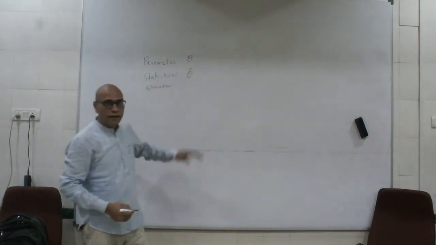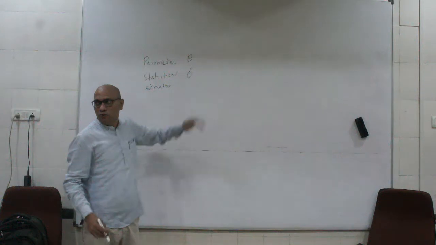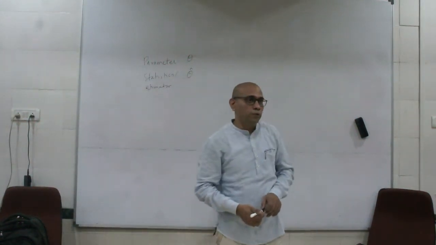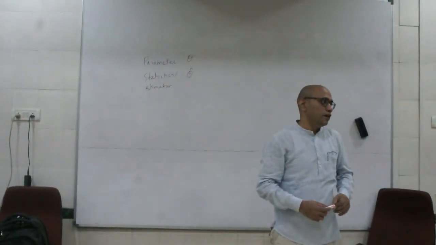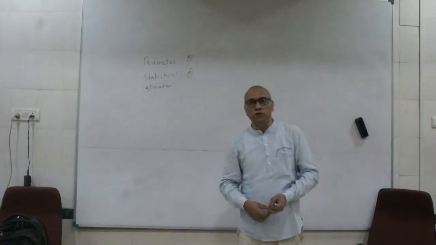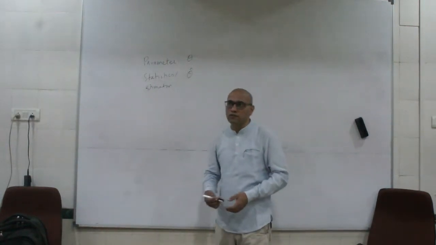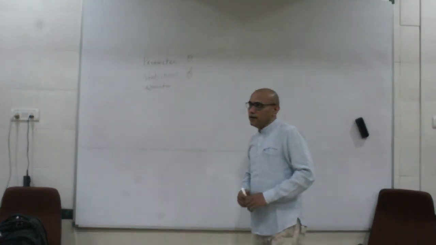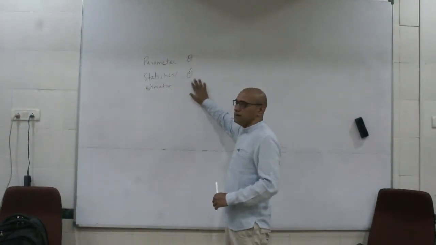So theta is a parameter to be estimated. Mu, sigma square, the population variance covariance matrix, the correlation, or the population variances themselves would be my theta, and theta hat is an estimator of that theta.